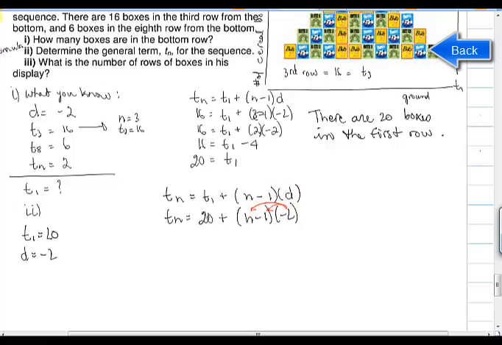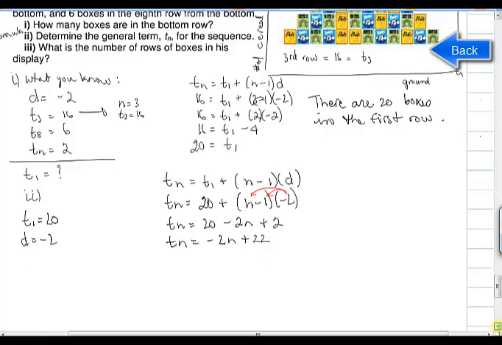Distribute the negative 2. T subscript n equals 20 minus 2n plus 2. Combine your like terms, and you get that 20 plus 2 is 22. And so T subscript n equals negative 2n plus 22.